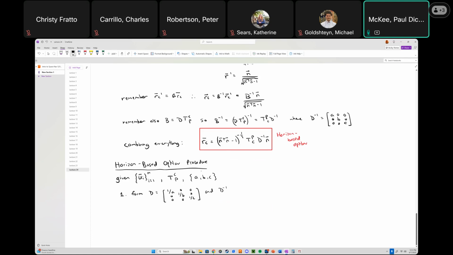And D inverse, which is even easier, it's just A, B, C along the diagonal, zeros elsewhere. Done. Okay. Step 2 is compute horizon points in the image plane.